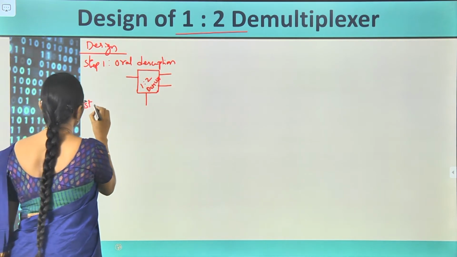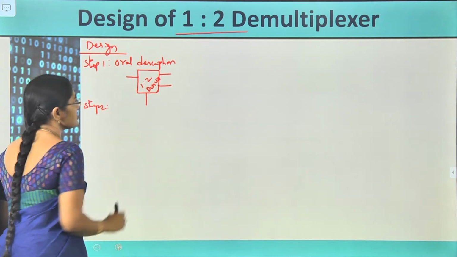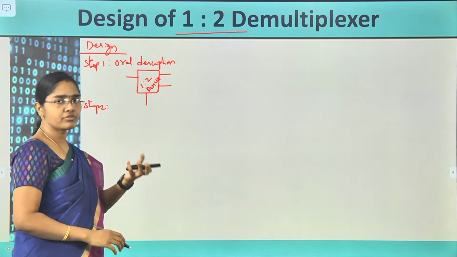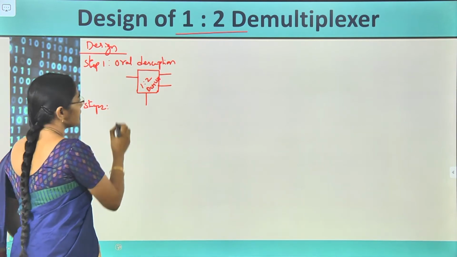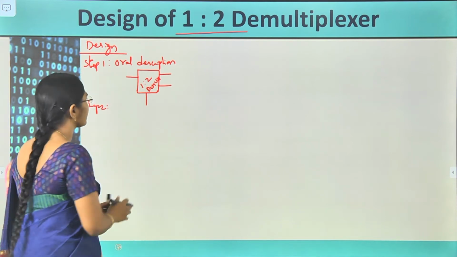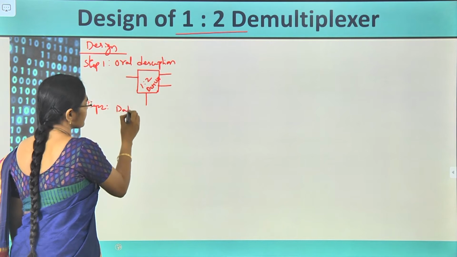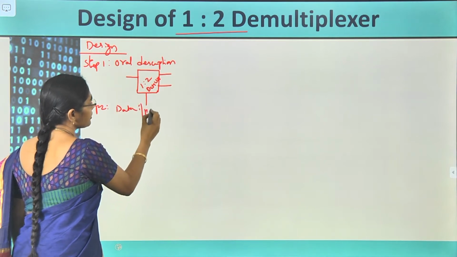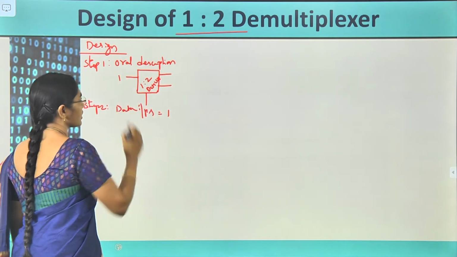Now what is step 2? Step 2 is finding the number of inputs and outputs. So here, two types of inputs are there: data inputs and select inputs. Number of data inputs is always 1.